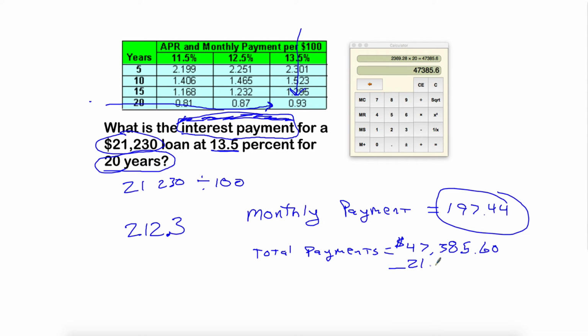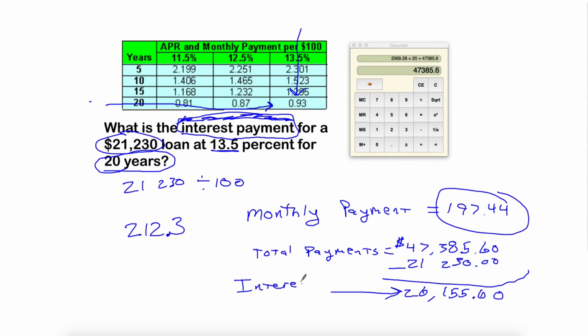So minus 21,230.00 and subtract, and this is our total interest payment. Right there. So the answer would be $26,155.60.